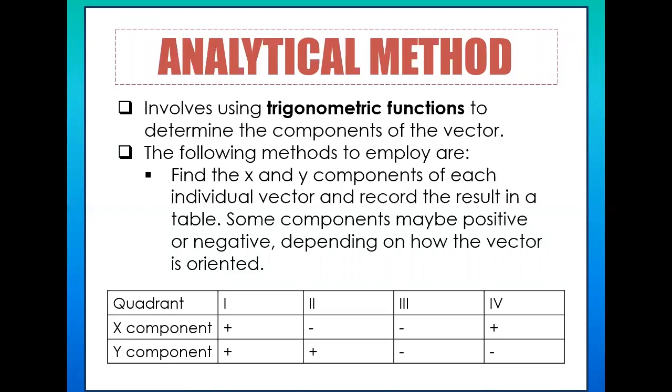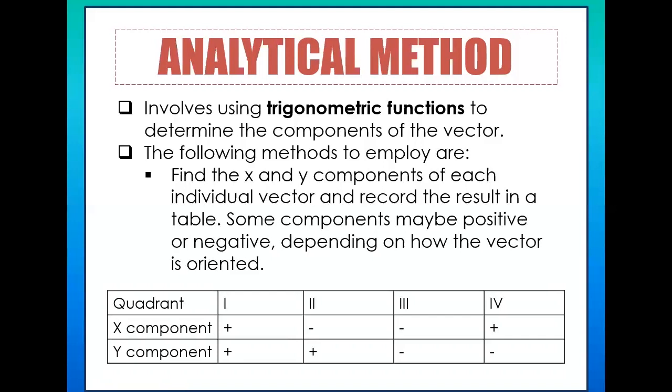For the third quadrant, both of them are negative. For quadrant 4, the x component is positive while the y component is negative. Here, we have to correctly identify the individual components for your x and y.